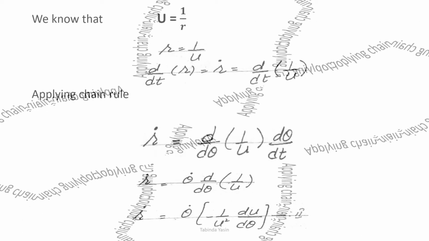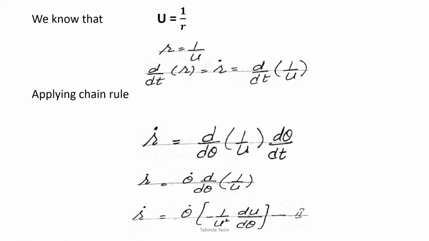We know that theta dot value can be worked out. So for that we can use the value of angular momentum L, that is m r square theta dot.